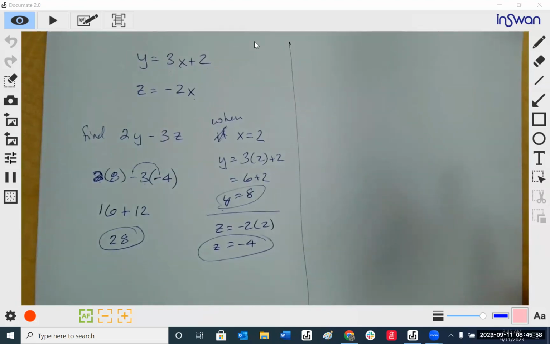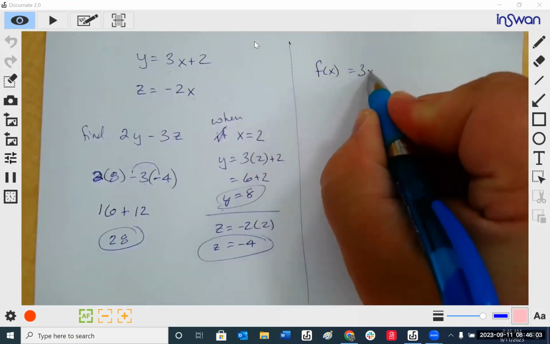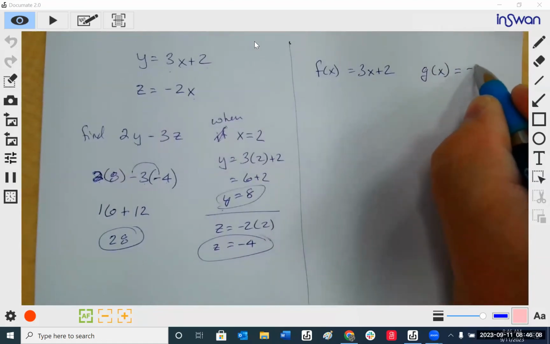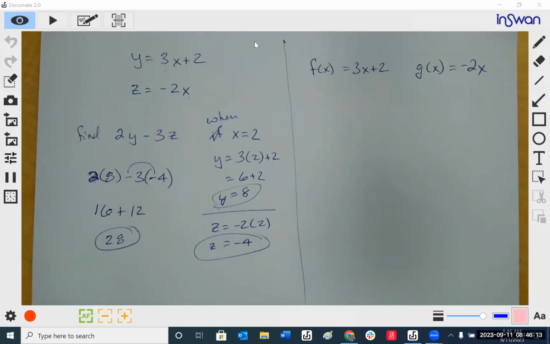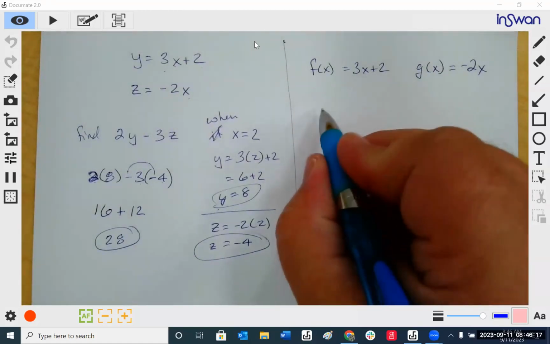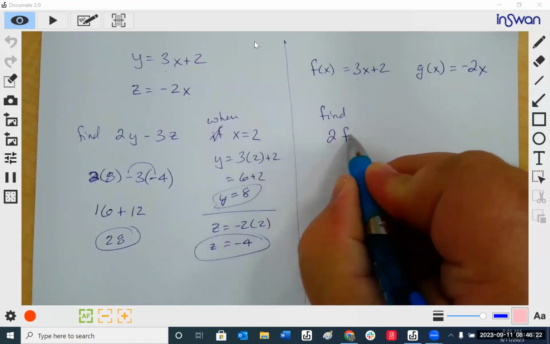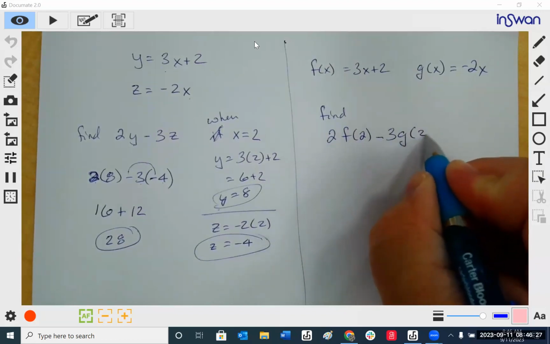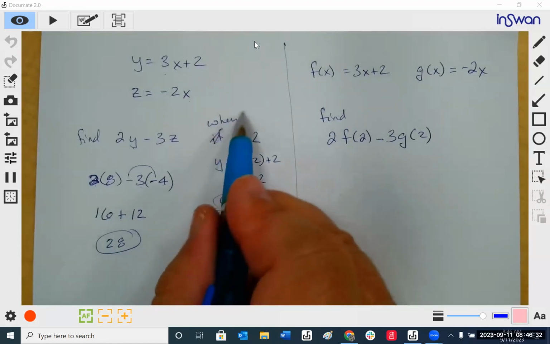With functions, once I define a function, it stays defined as that until I redefine it or cancel it. I don't have to have this whole second section here.